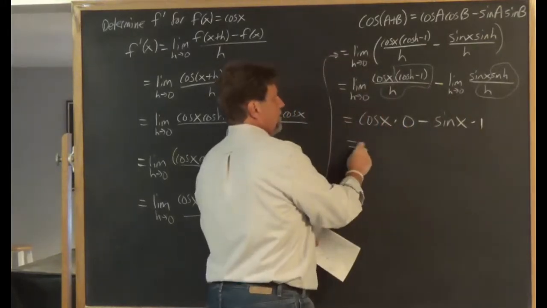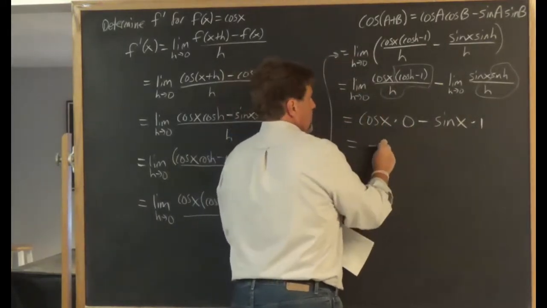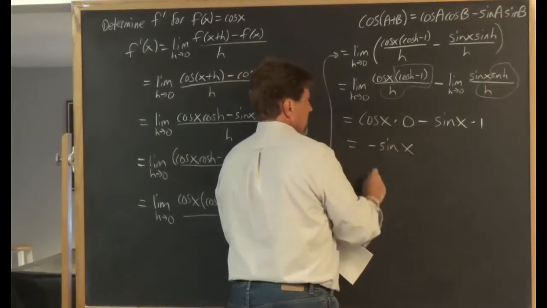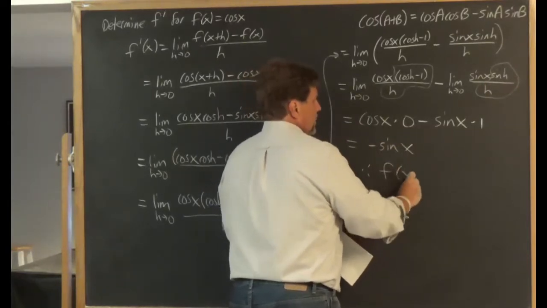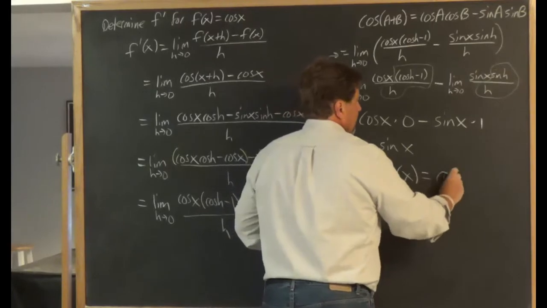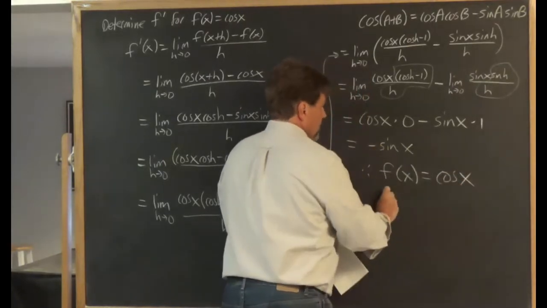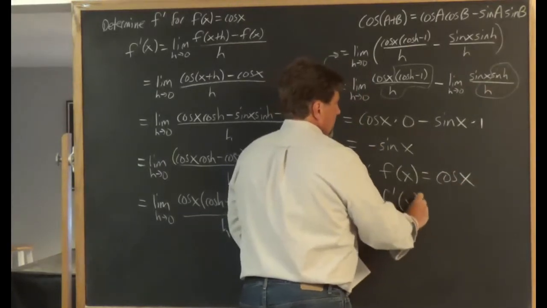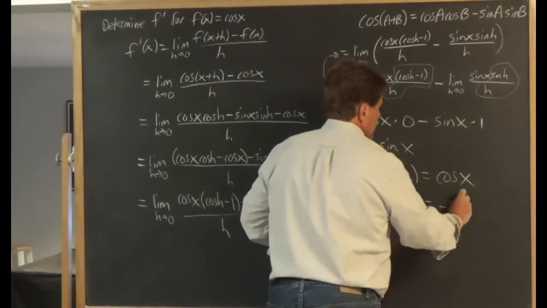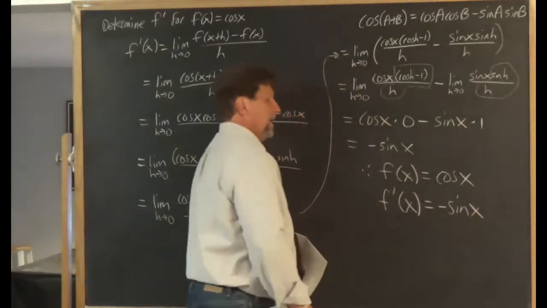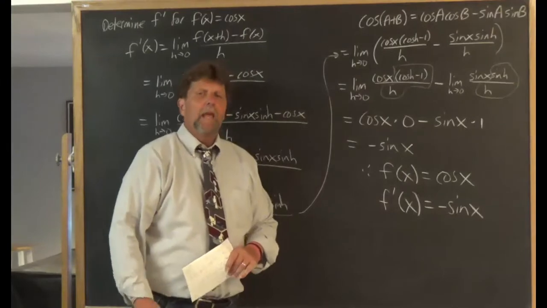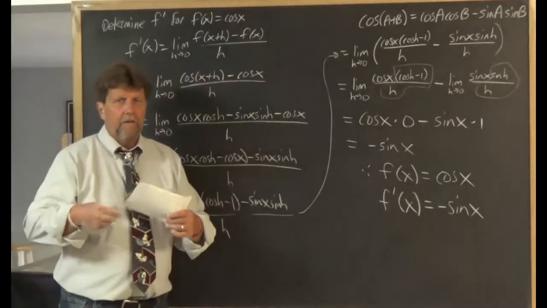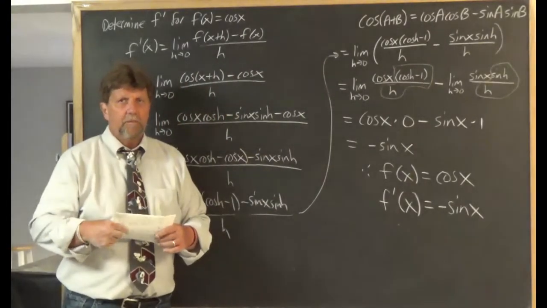So cleaning this up, this is 0. So we're left with negative sine x. We have just derived that for the trig function cosine x, the derivative is negative sine x. And we would derive the derivative for sine x in a similar manner.